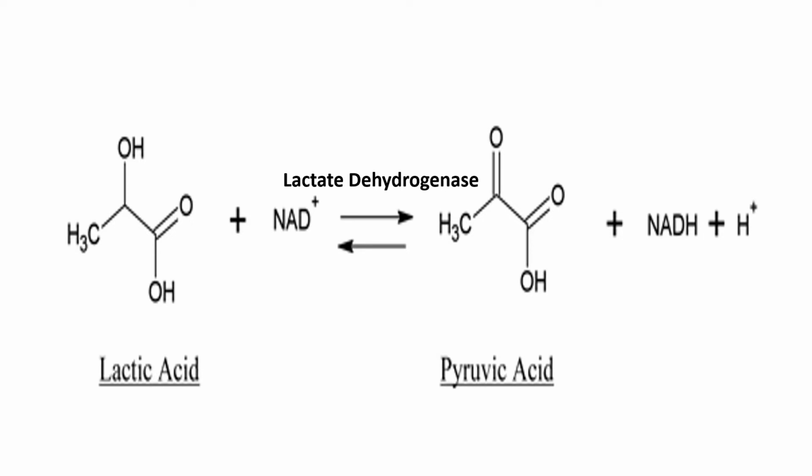The coenzyme form is oxidized NAD. And what happens? Lactate dehydrogenase causes oxidation of lactic acid, which is then converted into pyruvic acid, and NAD is reduced to NADH. So lactate is oxidized to pyruvic acid and NAD is reduced to NADH. This is the reaction which is catalyzed by lactate dehydrogenase.